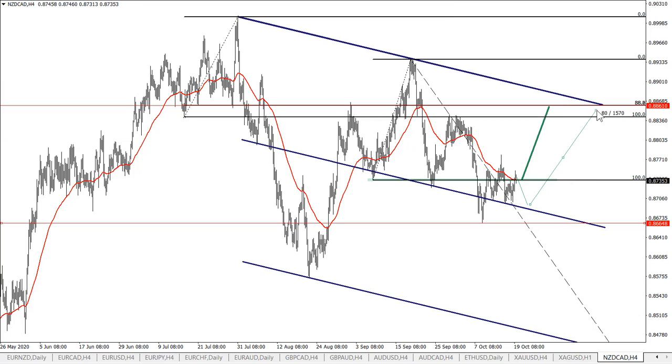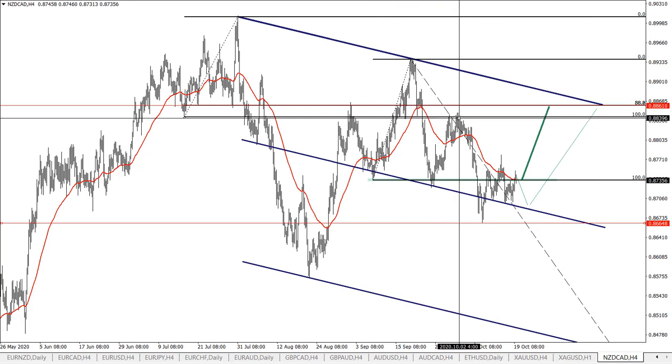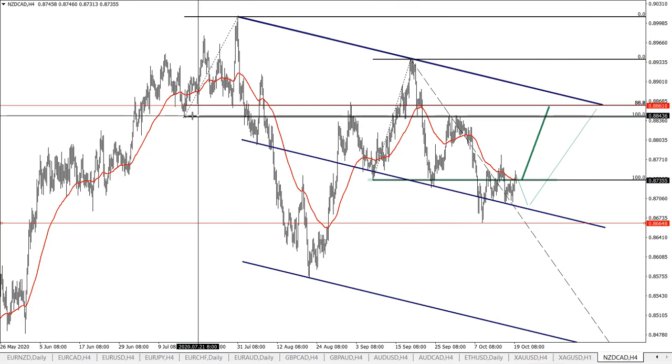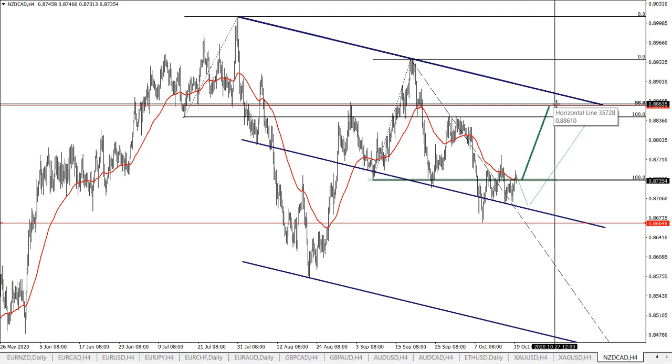Now, this could be the scenario where the price will be moving towards the downtrend trend line here, or the top of the descending channel. Another thing is that here is also resistance. We can see there was a support, then it was the resistance. So this is the nearest resistance area that I would see, but overall it could be going slightly higher towards this level, 88.60.